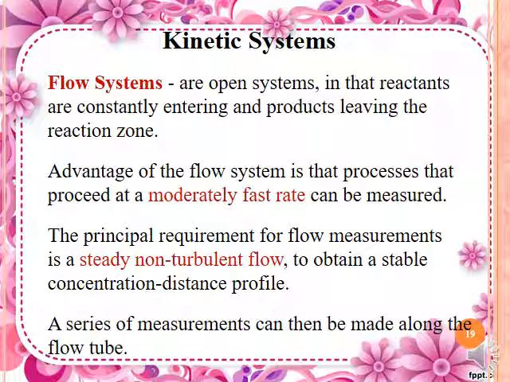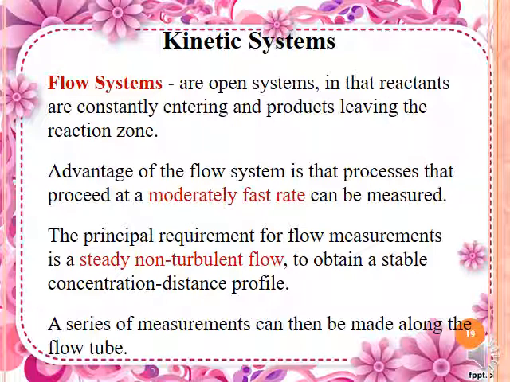It's continuous. The advantage of this flow system is that processes proceeding at a moderately fast rate can be measured. The principal requirement for this flow measurement is a steady, non-turbulent flow.